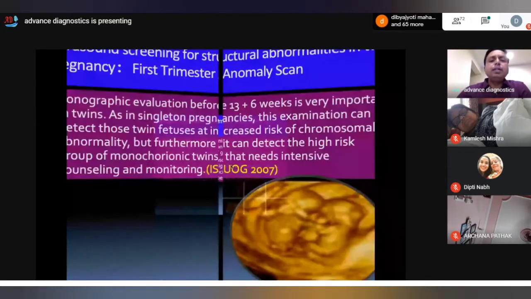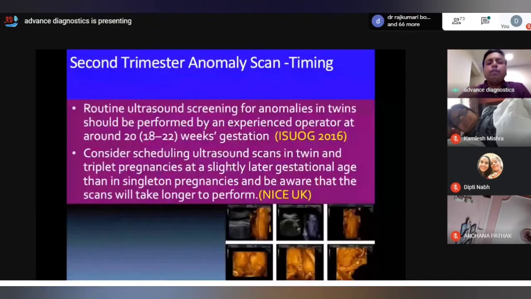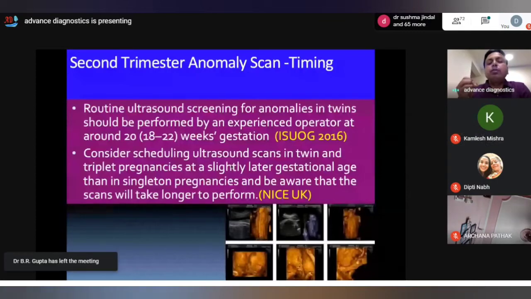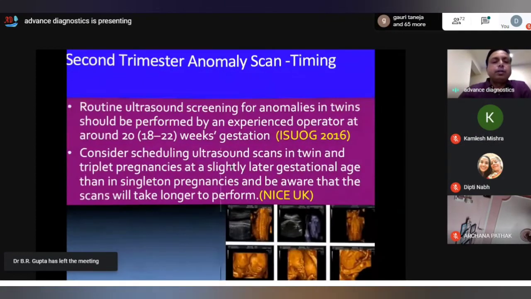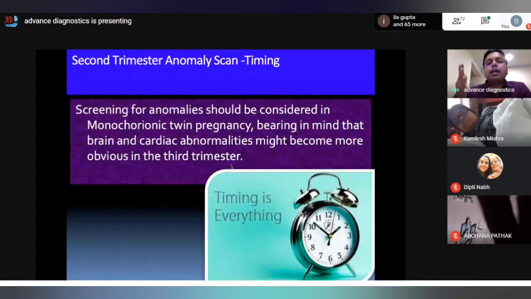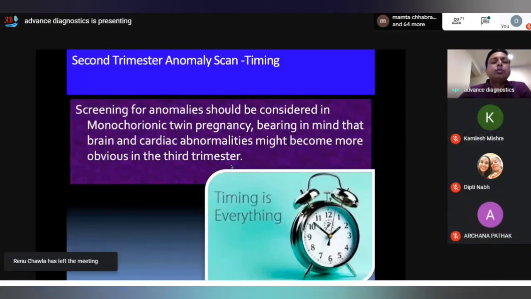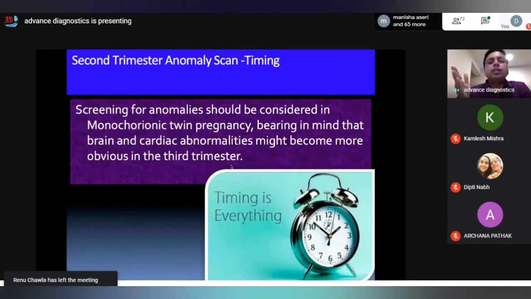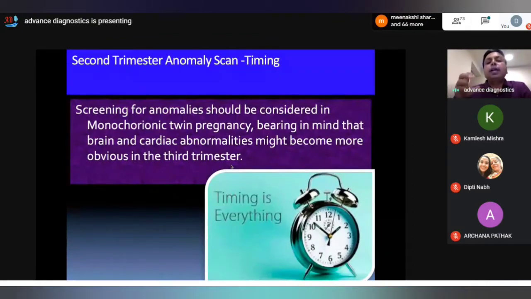The timing is also, if we are seeing twin pregnancies, we can do it at a slightly later gestational age than in singleton pregnancy, because we know that many of the defects appear later. So we should know that brain and cardiac abnormalities might become more obvious in the third trimester. If you are doing a third trimester ultrasound in cases of twins, you should be aware that brain and cardiac abnormalities should be looked for.